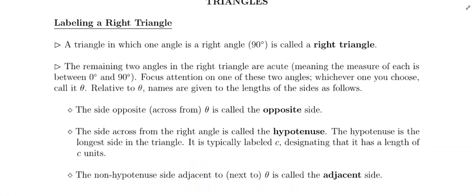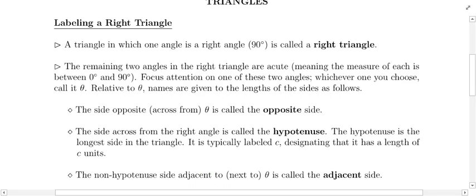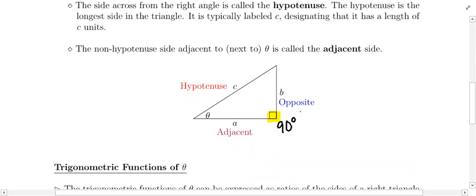And as far as labeling the triangle goes, we're going to focus the attention on one of the two acute angles. It doesn't matter which one, but whichever one we pick, we're going to call it theta. So we've got our right angle. The other two angles are acute. We've got this angle that is definitely between 0 and 90 degrees, and then we've got this other angle that doesn't necessarily have the same measure.